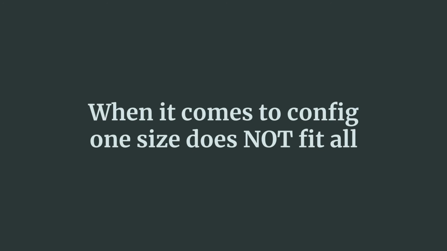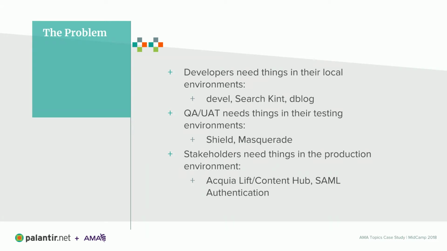But even as great as configuration management is in Drupal 8, config isn't a one-size-fits-all kind of deal. So we found that, as developers in our local environments, we wanted certain things like Devel and Search Kint and database logging.